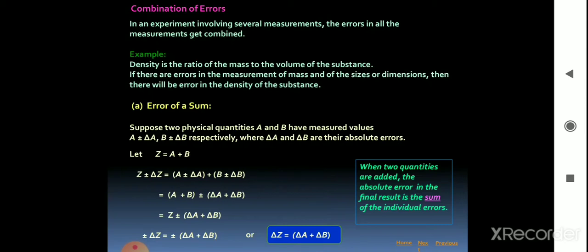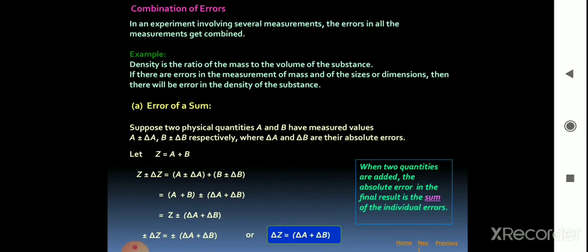Now we have to equate A plus B plus or minus delta A plus delta B. A plus B is nothing but the given equation, Z is equal to A plus B. So replace A plus B with Z, plus or minus delta A plus delta B. Now Z gets cancelled. Therefore delta Z is equal to plus or minus delta A plus delta B, or we can write delta Z is equal to delta A plus delta B. That is the maximum value of error in delta Z.